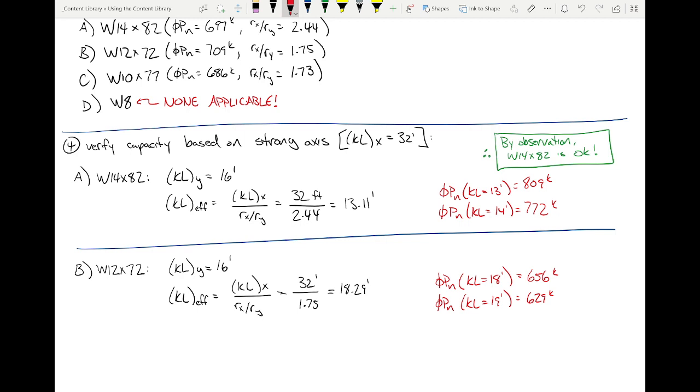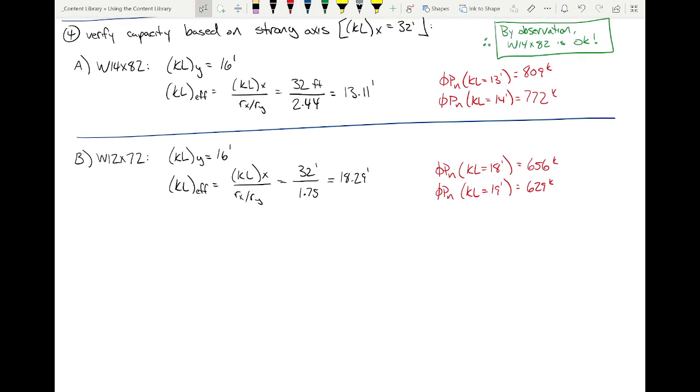So let's follow our linear interpolation. All right, so what do we got? x1 is 18. y1 is 656. x2 is 19. y2 is 629. x is 18.29. y is, I don't know, right?